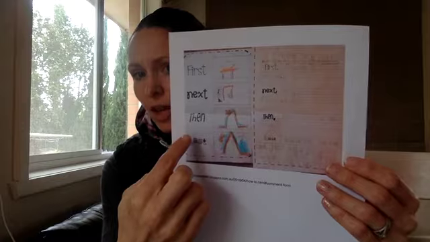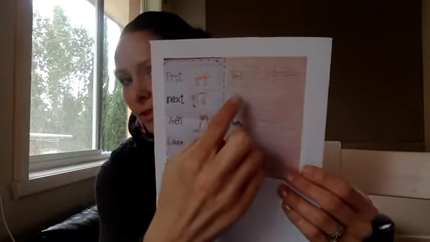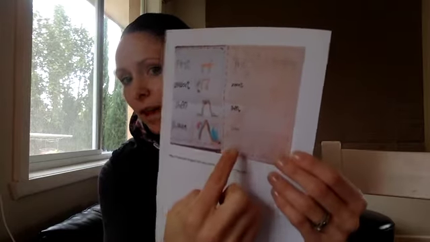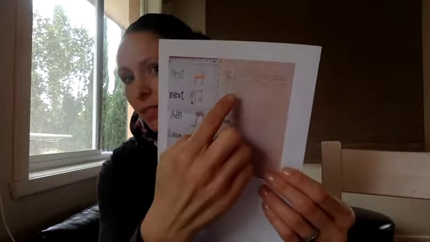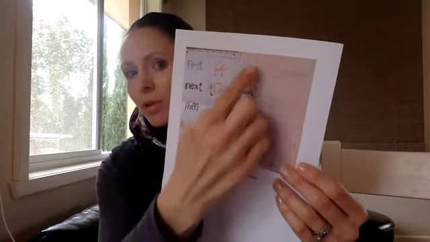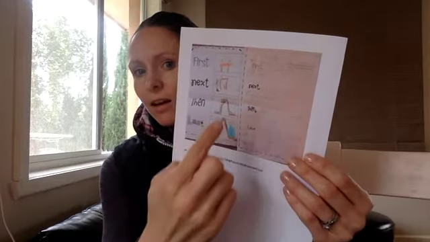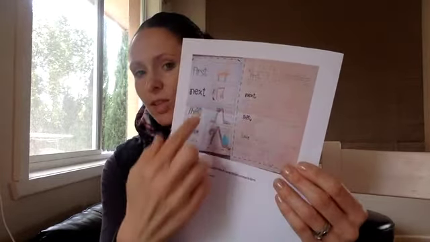From this point on, you would then create with them a very simple sentence based on the pictures. So, first I put on my bathers, next I jump in the water, then and so on and so forth.